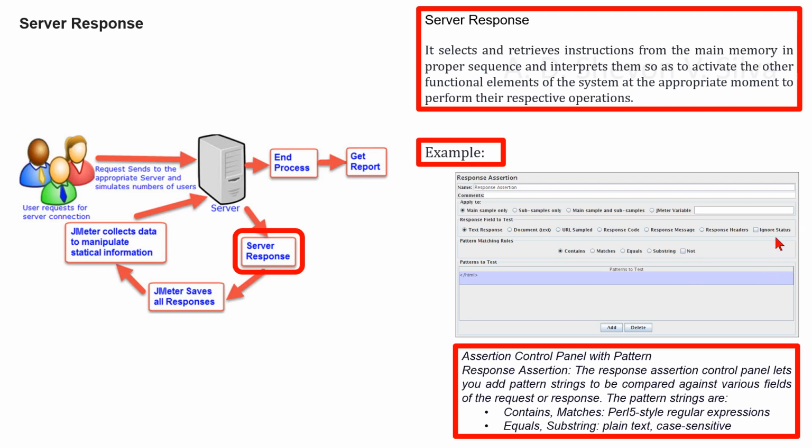However, when the ignore status checkbox is selected, this has the effect of cancelling any previous assertion failures. So make sure that the ignore status checkbox is only used in the first assertion. Patterns to test attribute is a required parameter.